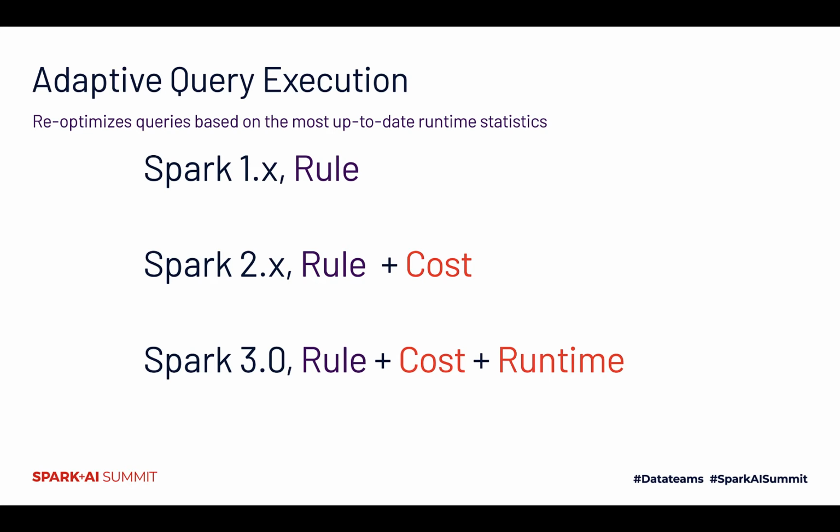Now, available in Spark 3.0 with adaptive query execution when enabled, you'll also get runtime statistics, looking at the size of the data as it's being processed, so that queries can be rewritten and optimized based on the size of the data at runtime, getting even better performance.